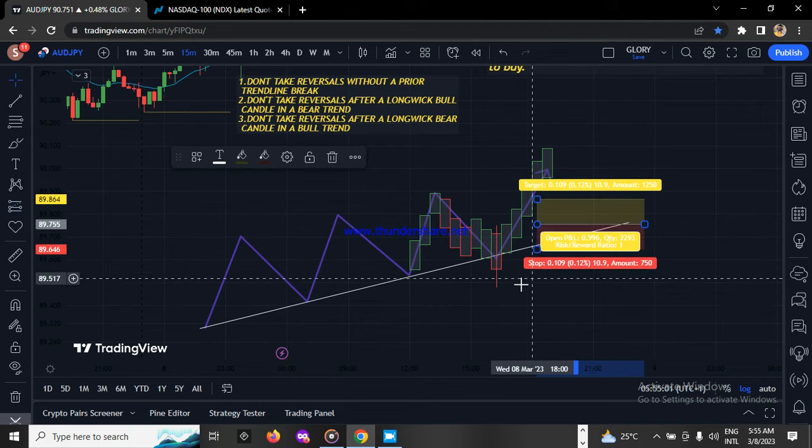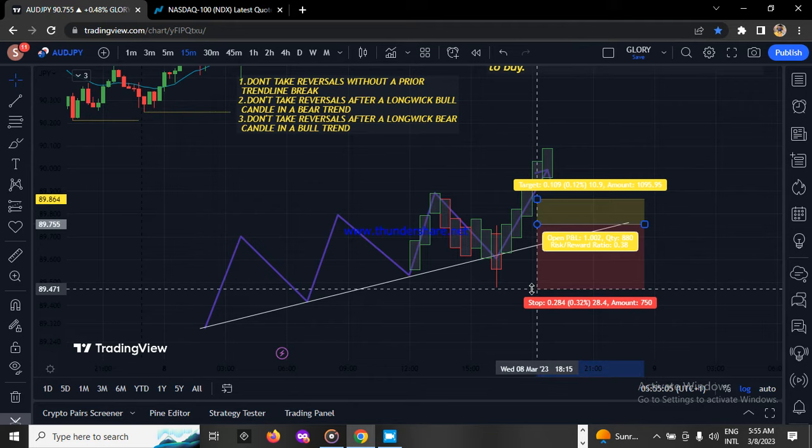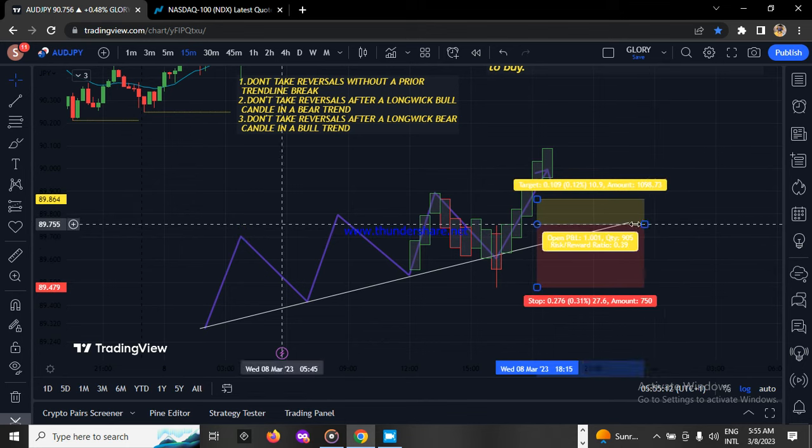You enter and your stop loss below the wick of the trap candle. Then your take profit will be 2 to 1 or more.